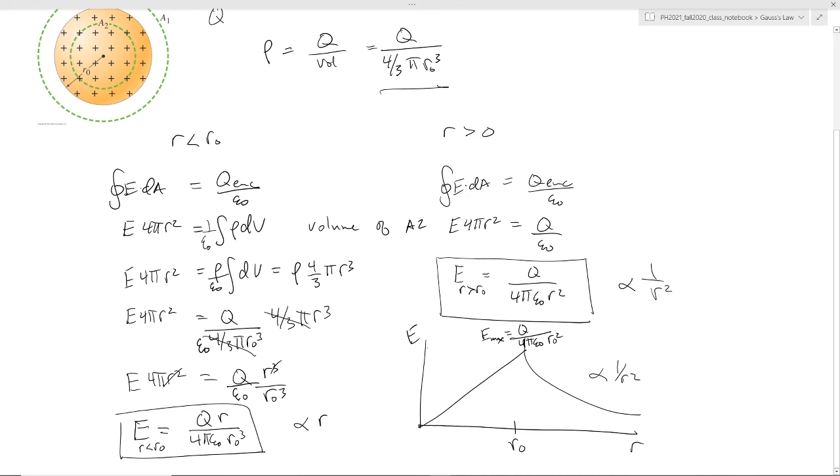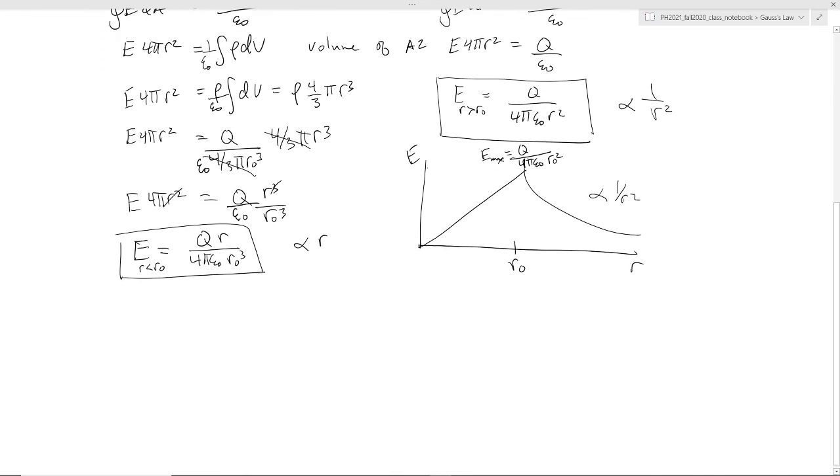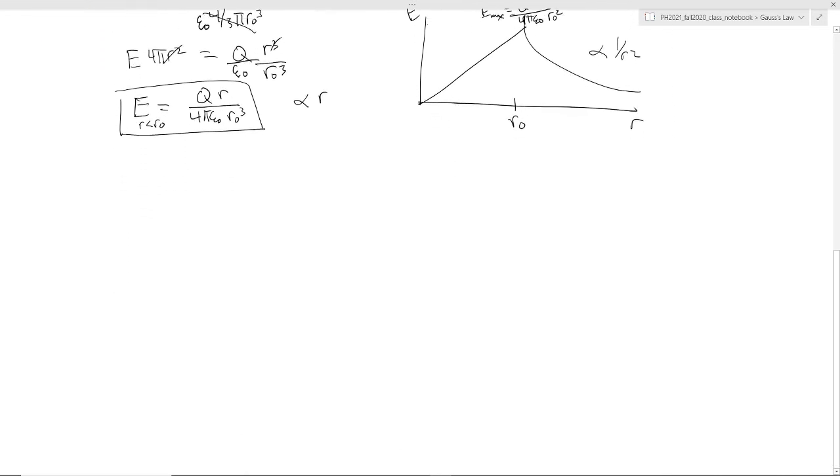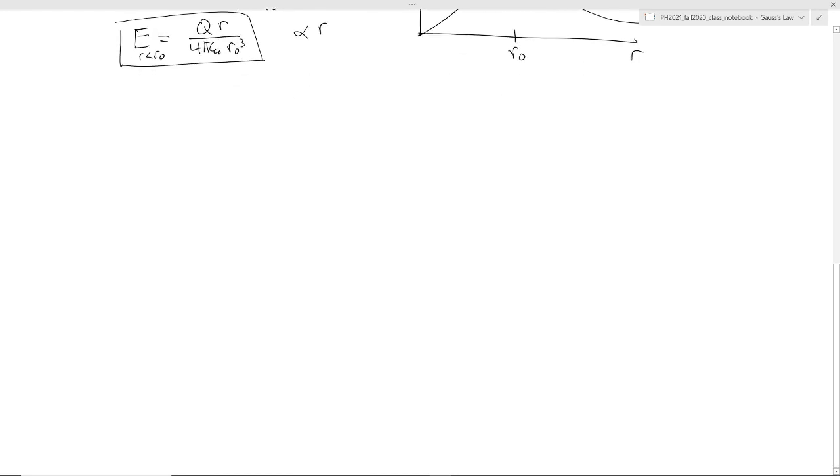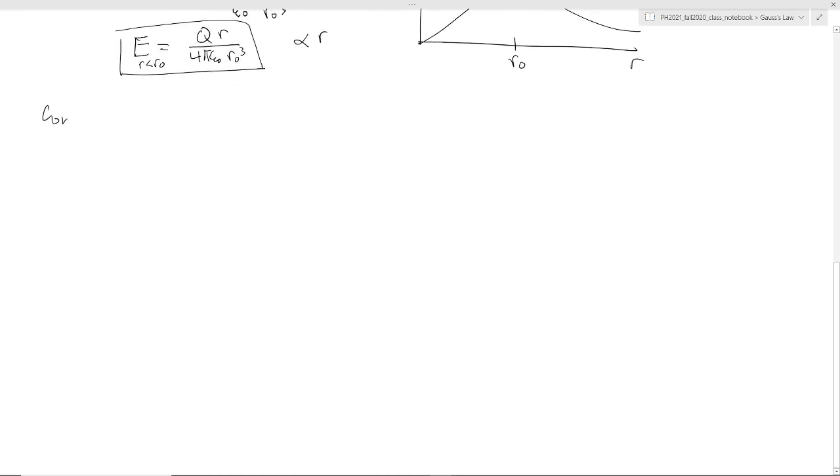So this is a pretty classic example of applying Gauss's law to a situation where you have just evenly distributed charge in a sphere. And let's compare this to a very similar situation, which is a conductor.